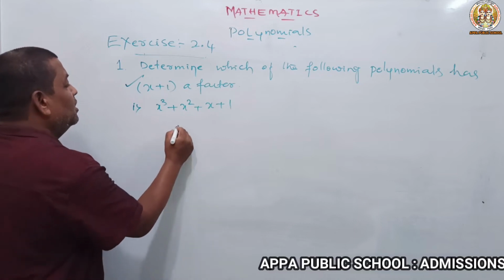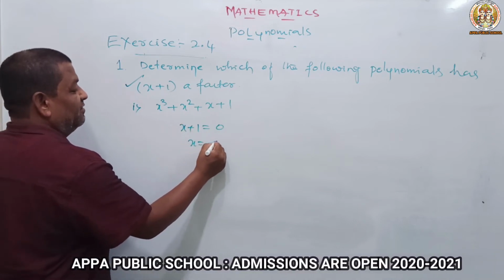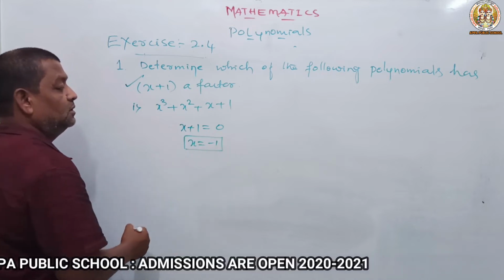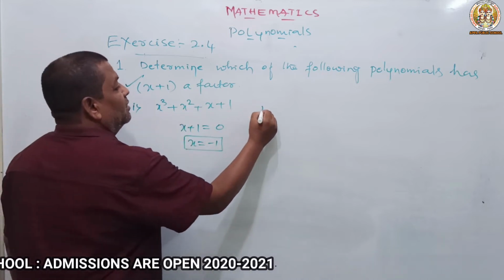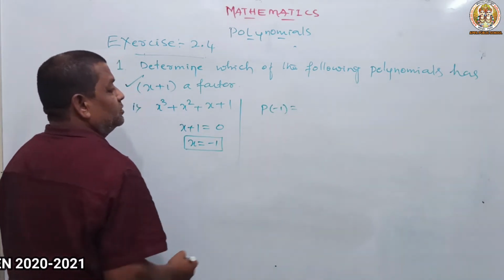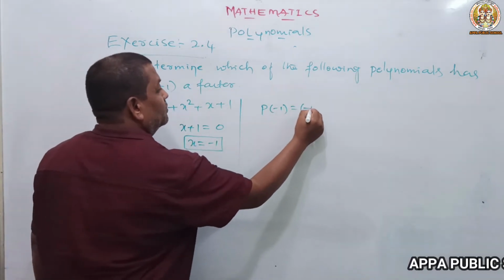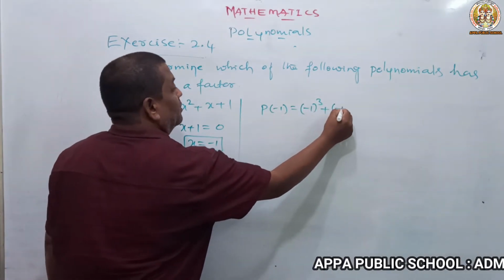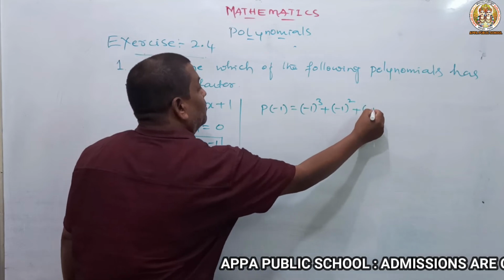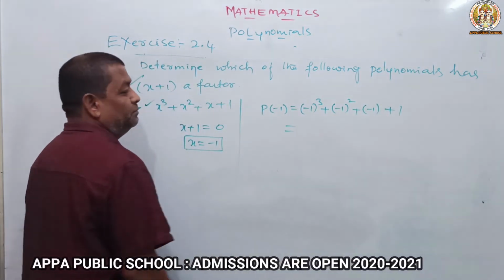Okay, what is the procedure? We already know. Equate the given polynomial to 0. What is it? x is equal to minus 1. Substitute in the polynomial. Now, p of minus 1 is equal to, here we need to substitute minus 1 cube, minus minus 1 square, minus minus 1 plus 1.